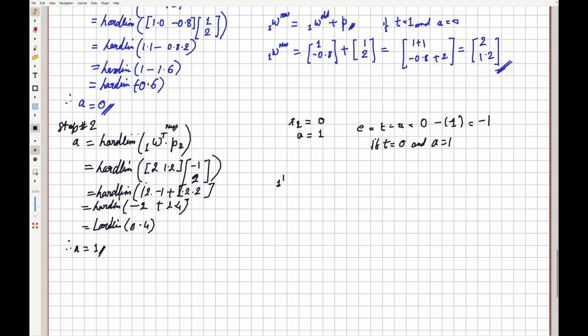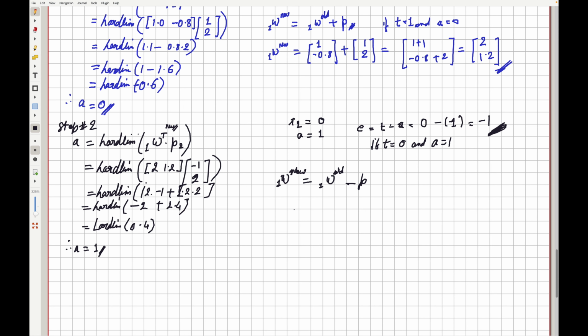W new is equal to W old plus p, and this time we are not going to do plus, we are going to subtract the value, and so we say minus. Why are we going to subtract? Because that's what we get when we try to get the error, and the idea is that subtracting p this time would move the decision boundary favorably to accommodate p2 in the correct class, which would be 0.